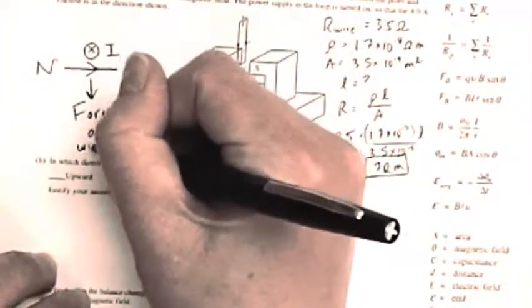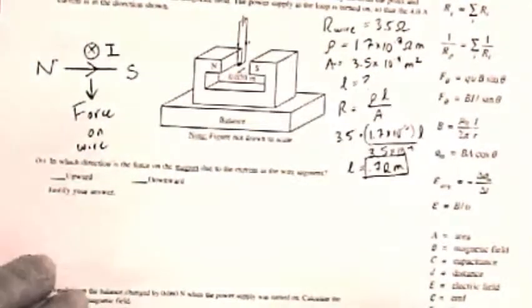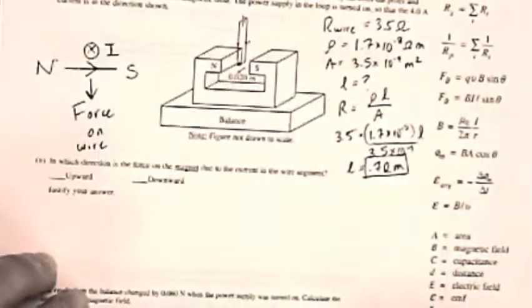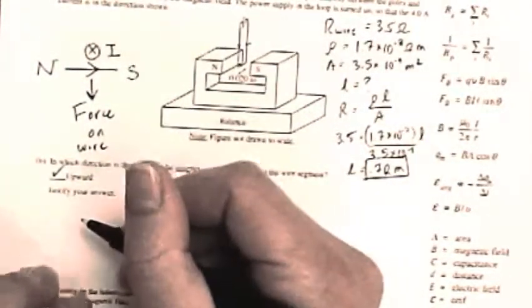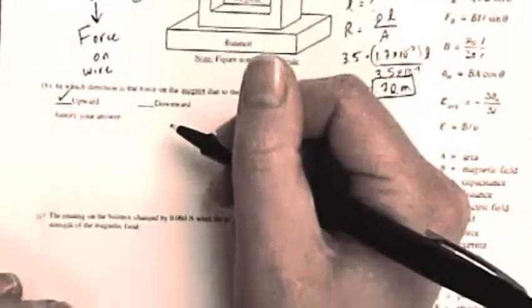Now that's the force on the wire. The force on the magnet must be equal and opposite. So my justification would consist of two parts.